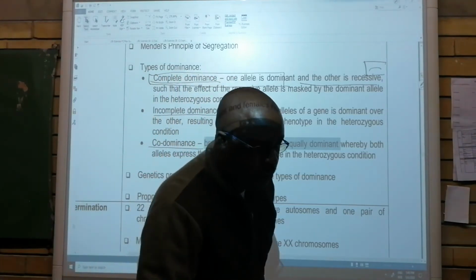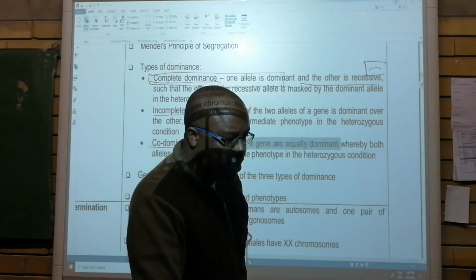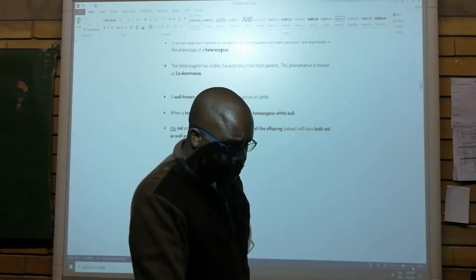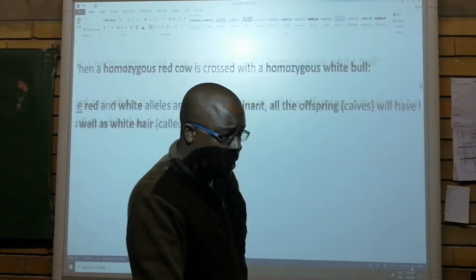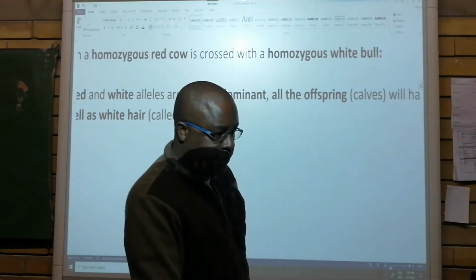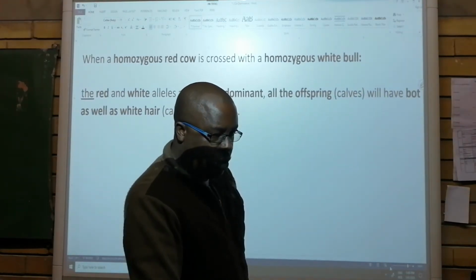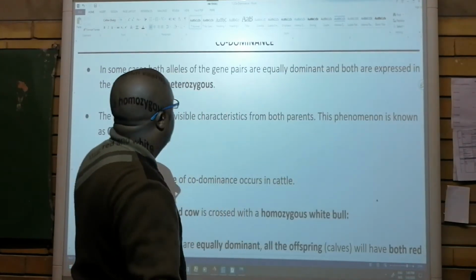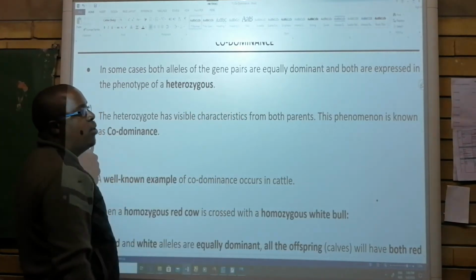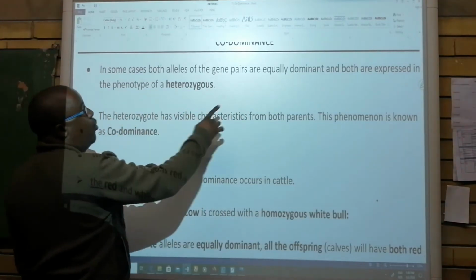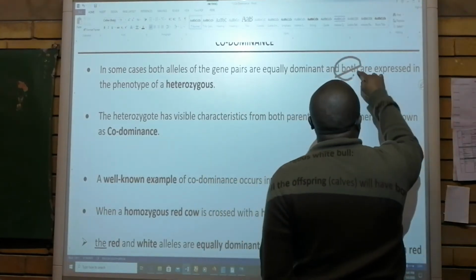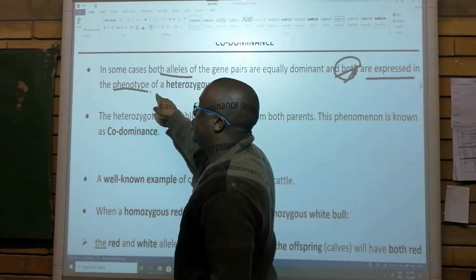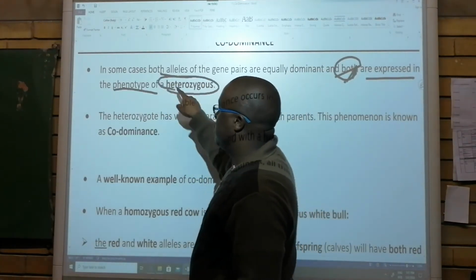Right. Now let's put some details. Let's put some flesh into it. Where are you, codominance? There we are. Let's blow it up. So, in some cases, both alleles of the gene pairs are equally dominant and both are expressed in the phenotype of a heterozygous.